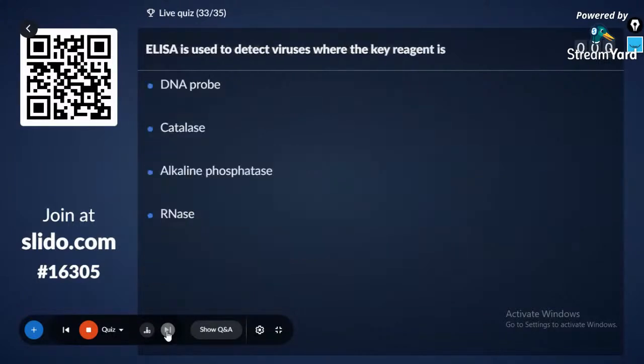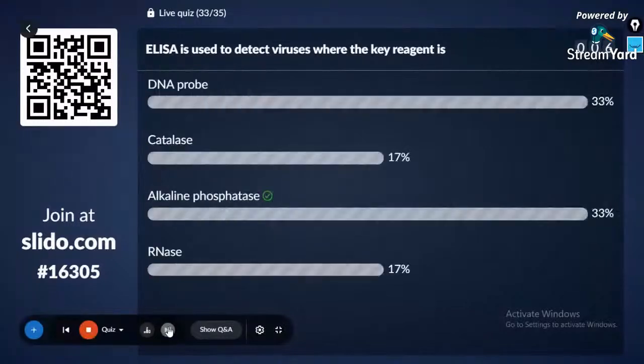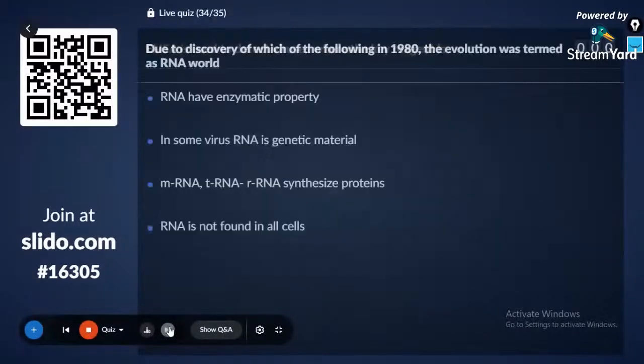ELISA is used to detect viruses when the key reagent is DNA probe, catalase, alkaline phosphatase, or RNAs? It is alkaline phosphatase.